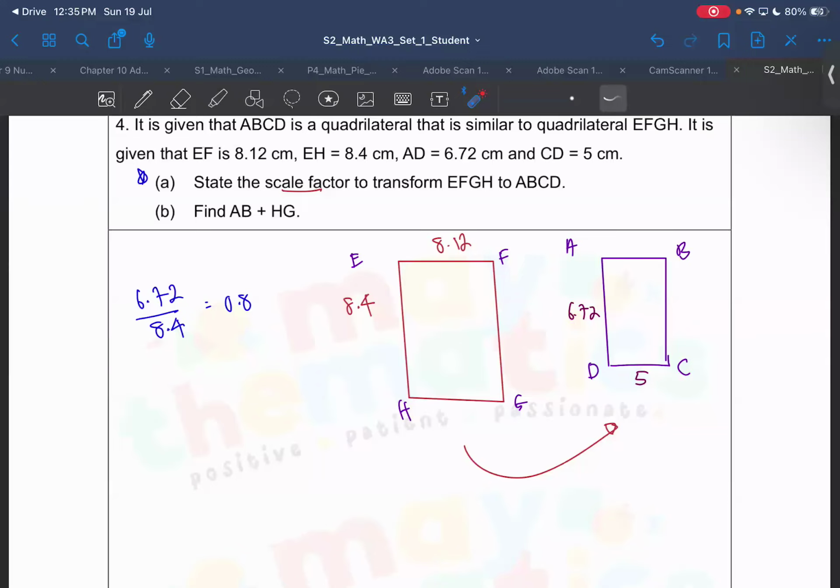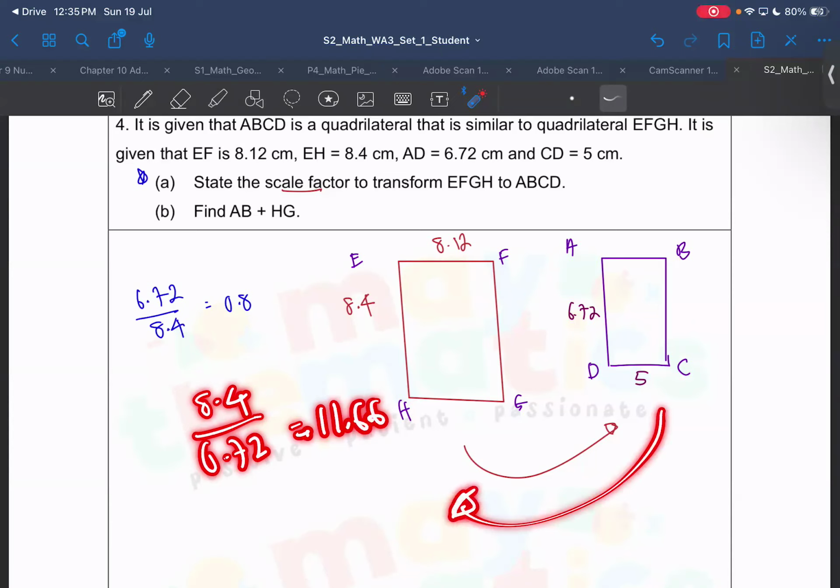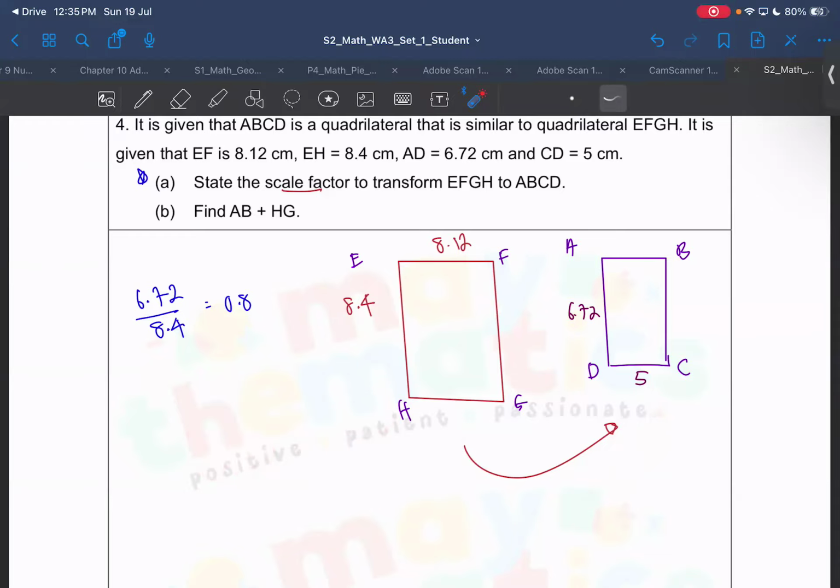If you do 8.4 divided by 6.72, you end up with 1.25, the other direction. That's if the question asks you to transform ABCD to EFGH. Take note, this one is important. Look at the direction. Big becomes small, check your answer again. 0.8 is a reduction. So your 1 mark is over here.